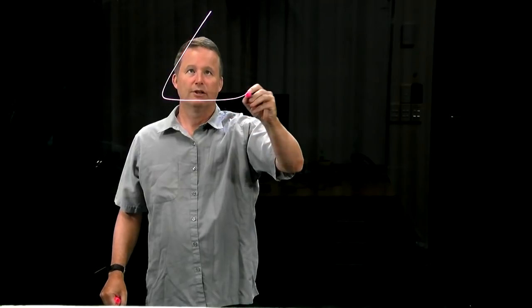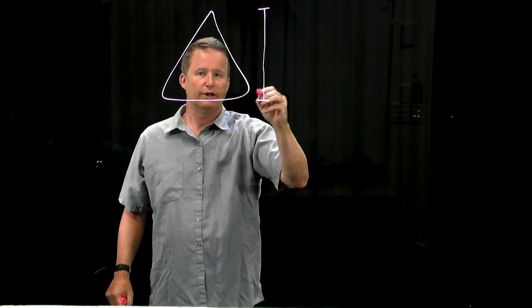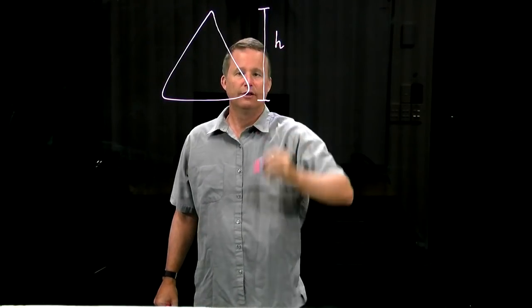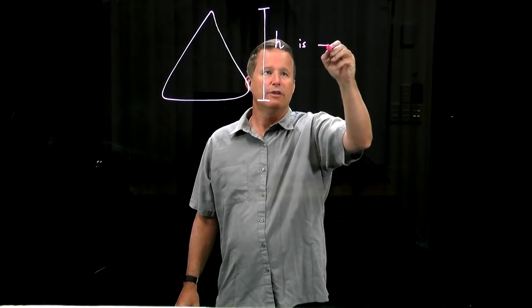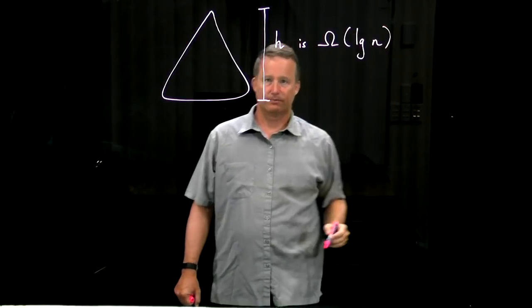Well, we know from our analysis of decision trees that if we have a binary tree with n nodes, then the height must be at least growing like log n.